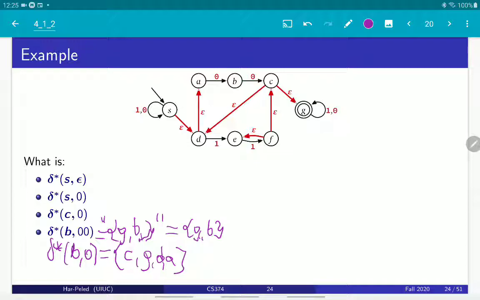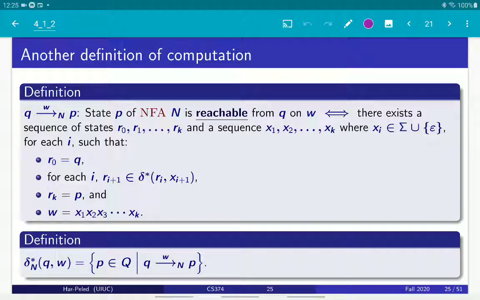As you can see, this is becoming quite tedious to do manually, but it is what it is. Okay. So now here's another definition of execution of an automata.